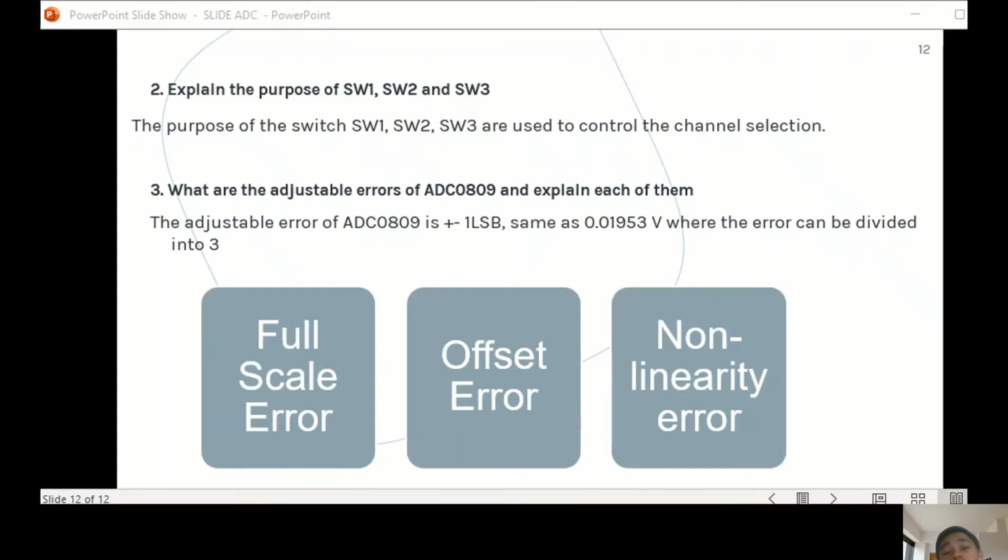The overall error is made up of 3 types of error: full scale, zero scale and non-linearity. The quantization error that happens invariably during digital conversion is not included in this total error. Then the offset error.